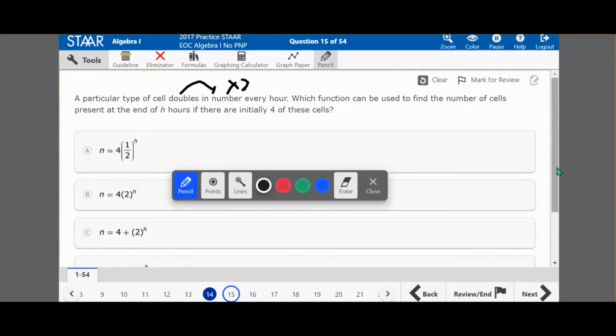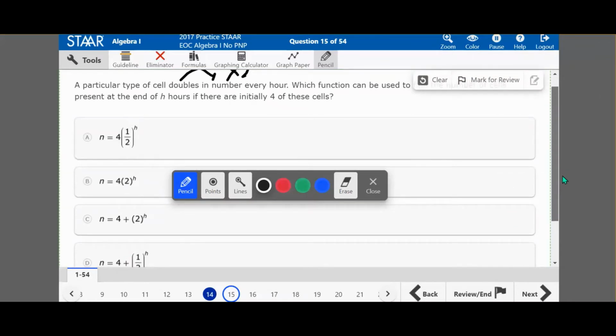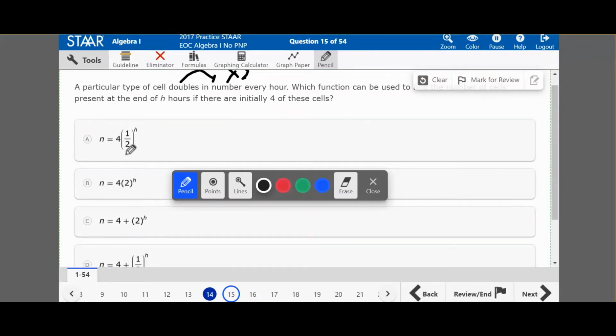So we can see here, all the answers have 4 in them. So we know it's not D and C because this doesn't look like how it would be for an initial value. So it has to be either A or B, right? Let me cross out our stuff.